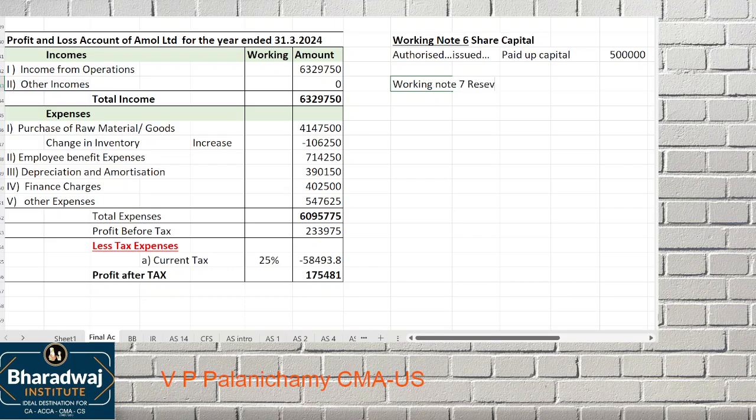Reserves and surplus. Profit and loss account. What is the opening balance given in the trial balance? Add current year net profit. Yes. From this, they ask you to transfer to reserve. Transfer to general reserve.